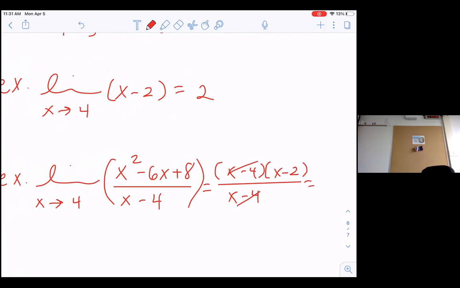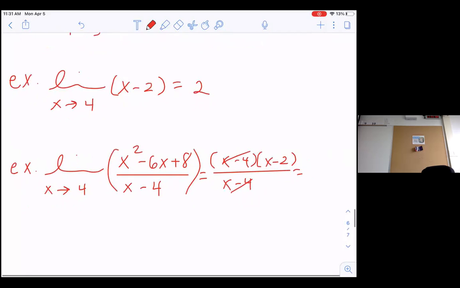And now that the x minus 4 is canceled, plugging it in is no longer a problem. I can take 4, just plug it into what remains, and 4 minus 2 is 2. So the only difference between the first one and the second one is in the second one we had to factor it. All right, any questions yet?